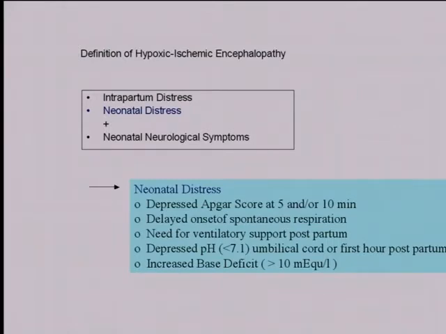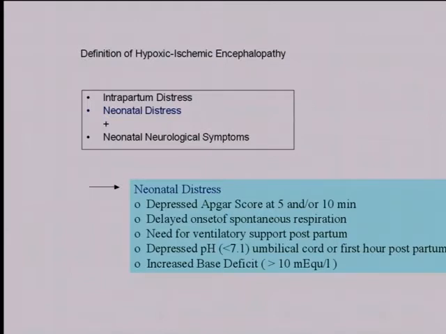So, we then have already said neonatal distress would be indicated if the APGAR score at 5 or 10 minutes is less than, for example, 5. Delayed onset of spontaneous respiration. Long need for ventilatory support for postnatal respiratory support.